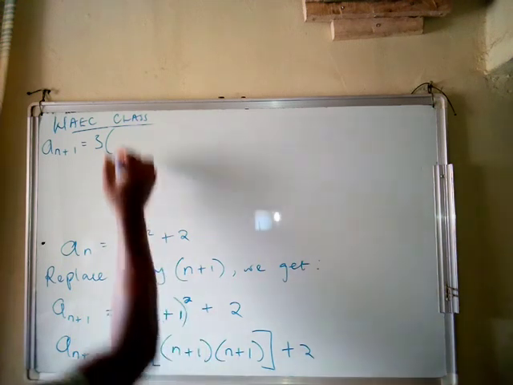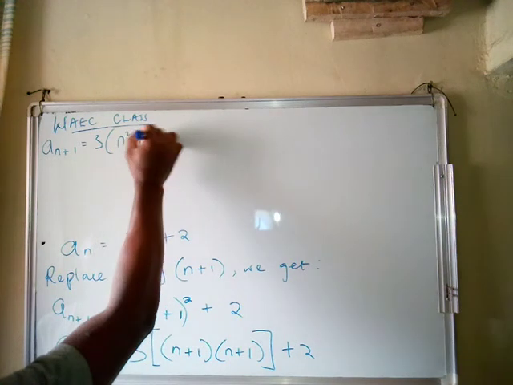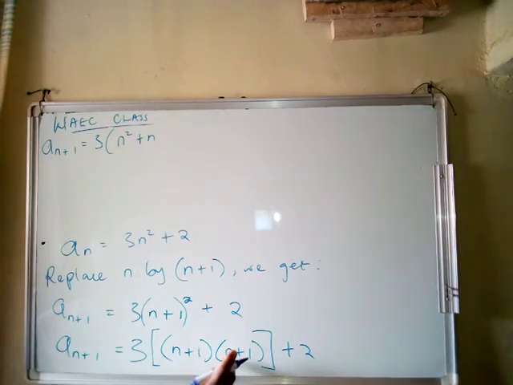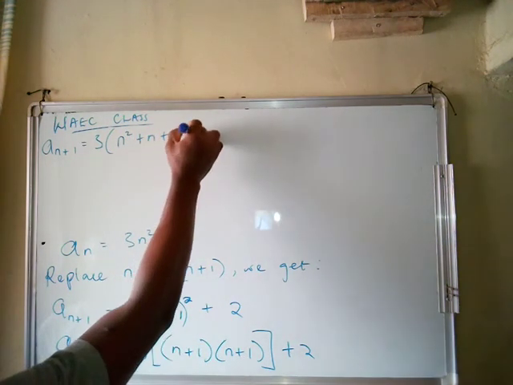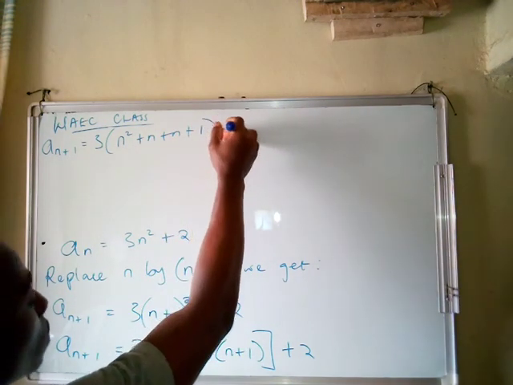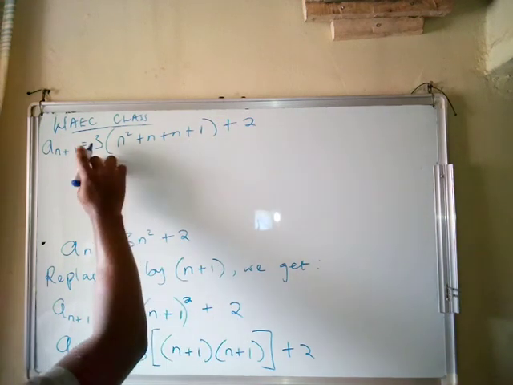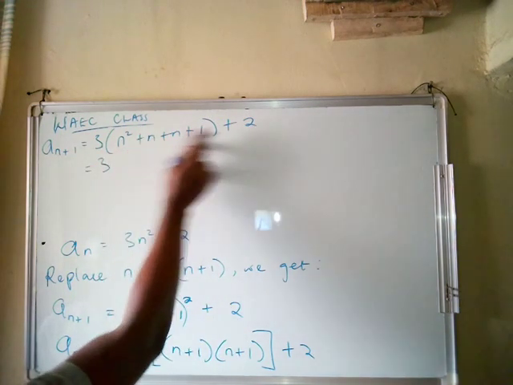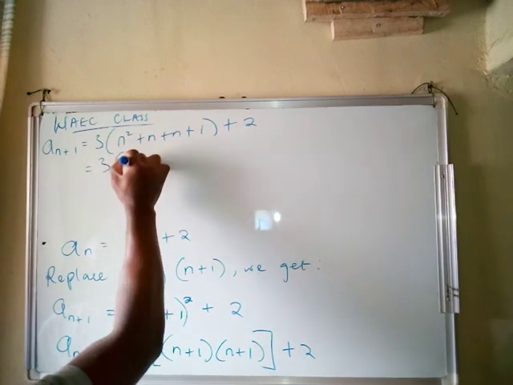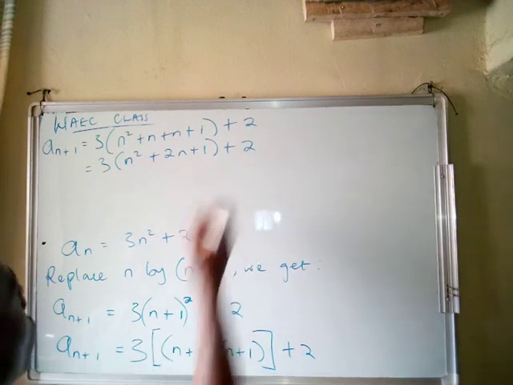So n times n is n squared. n times plus 1 is plus n. Plus 1 times n is plus n. Plus 1 times 1 is plus 1. So you have plus 2. So imagine this, you have n squared plus 2n plus 1, then plus 2.